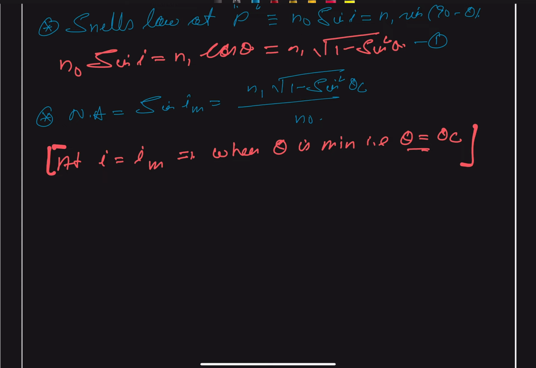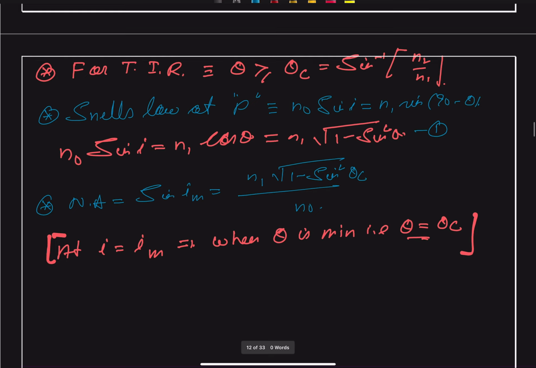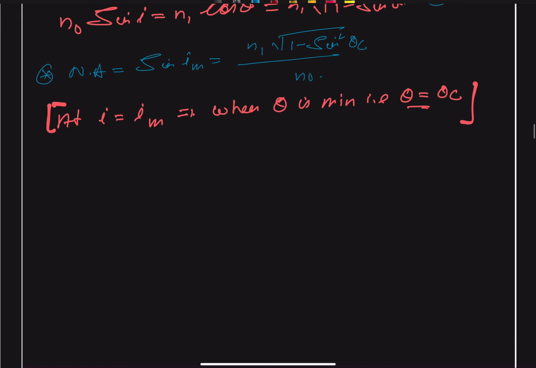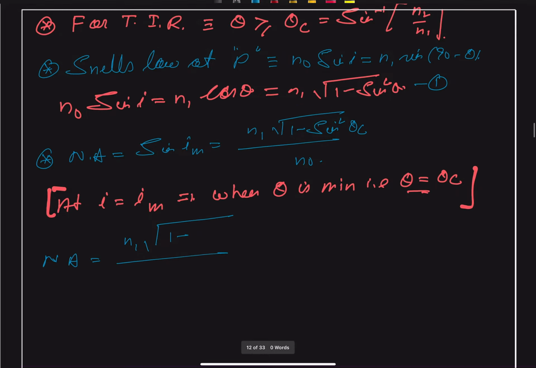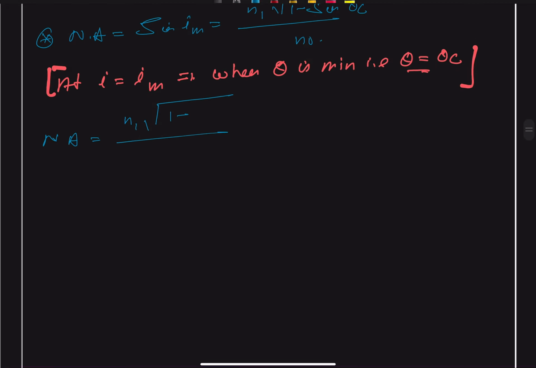And we already know the value, or we can just further solve it, because sine of theta c is n2 by n1. Okay, so we substitute it here and we get that our numerical aperture will be equal to n1 times the square root of 1 minus n2 upon n1 square, divided by n0.